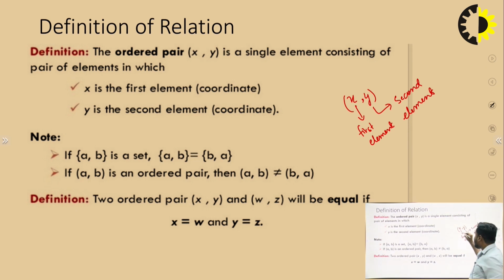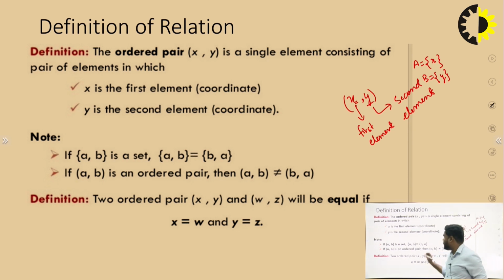That means x is contained in the set A and y is contained in the set B, like set A contains x and set B contains y. So the ordered pair of these two is known as the relation between A and B.